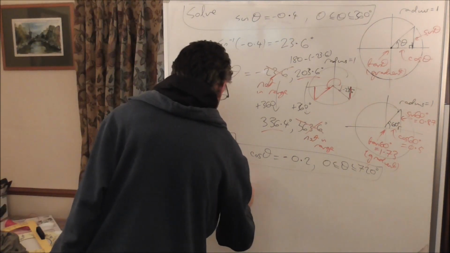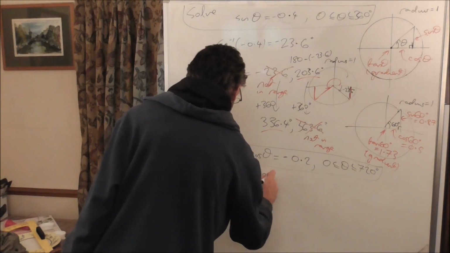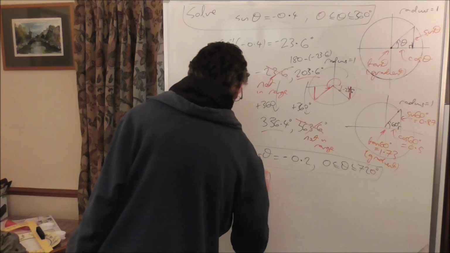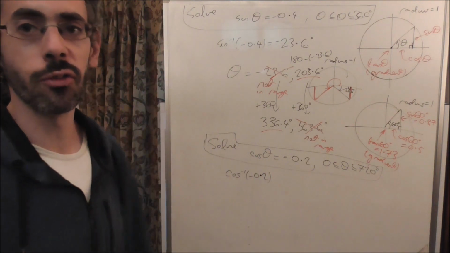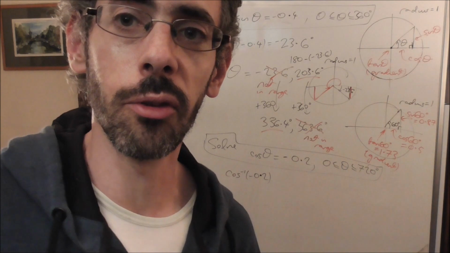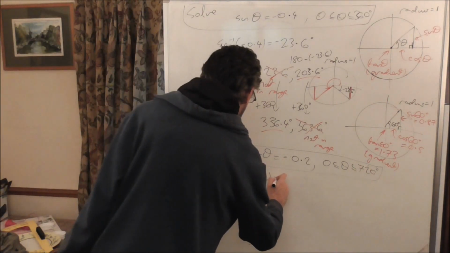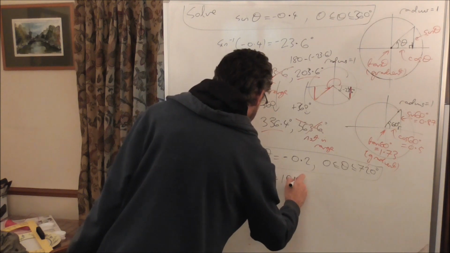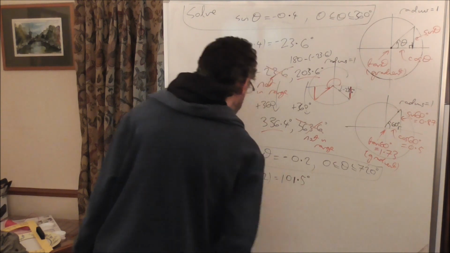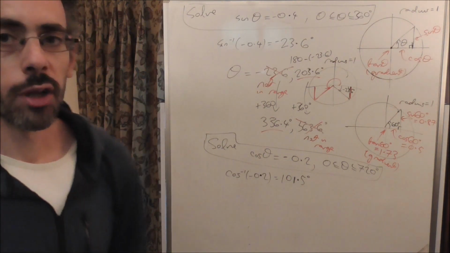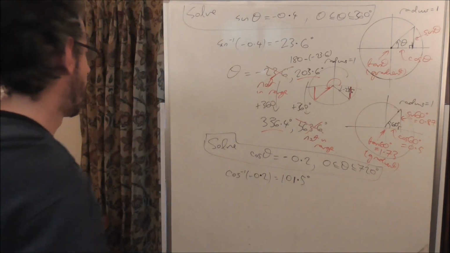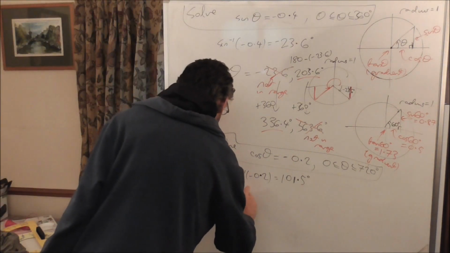You press inverse cos of minus 0.2. Now actually, when you press inverse cos, the calculator never gives you a negative angle. It always gives you the smallest positive solution, which in this case is actually 101.5. So that's the angle it gives you. That is in range, so we can take that as a solution.